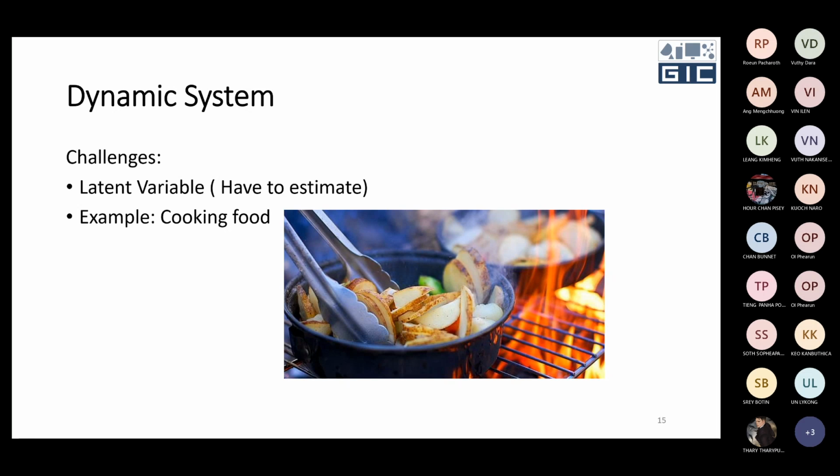But in one case, I would like to ask different people about the taste of the food. For example, I just put in 1 gram of sugar. The first audience said, okay, I like sweet, so this food tastes very good. But the second audience says, oh, this food is too sweet. So you cannot predict the exact value of the variable. So we can say it is a latent variable.